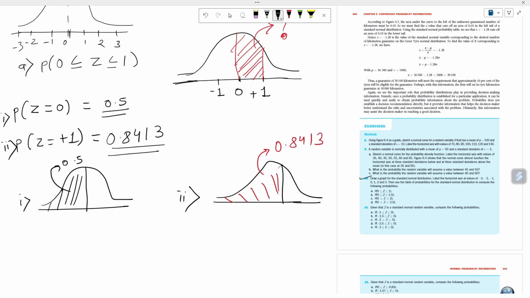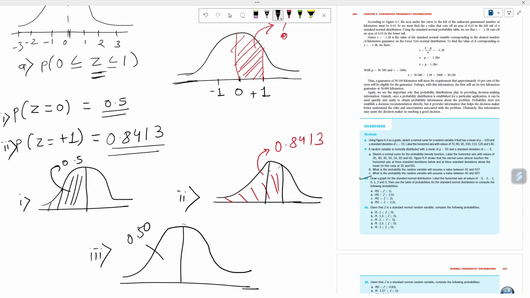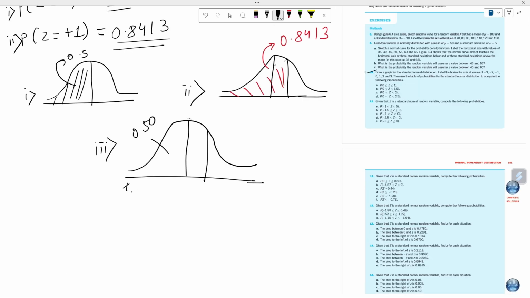Now if we need only this, meaning the probability between 0 and 1, this much is 0.50 and this much is 0.8413.